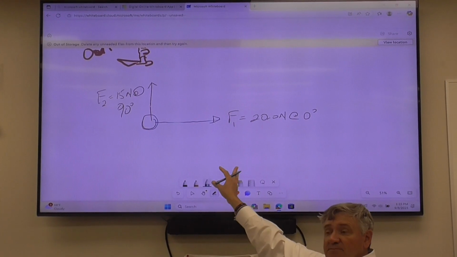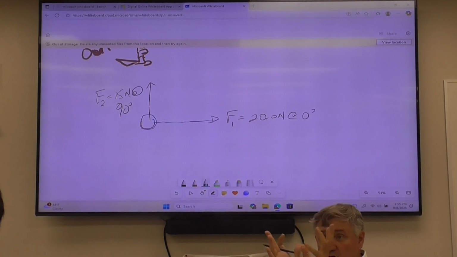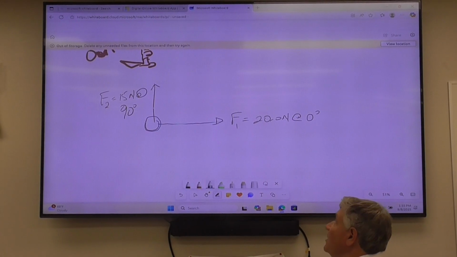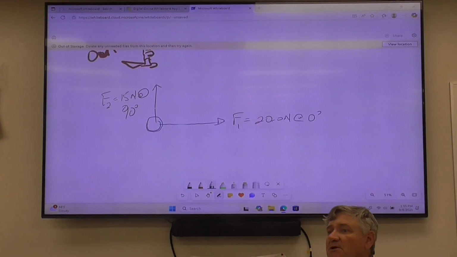This is not the tip-to-tail method. This is a free body diagram showing all the vectors acting on the system, but it gives you an idea. So clearly, where's the ball going to go? Somewhere between 90 and 0. You know that angle has to be somewhere between 90 and 0. Closer to 0, why?